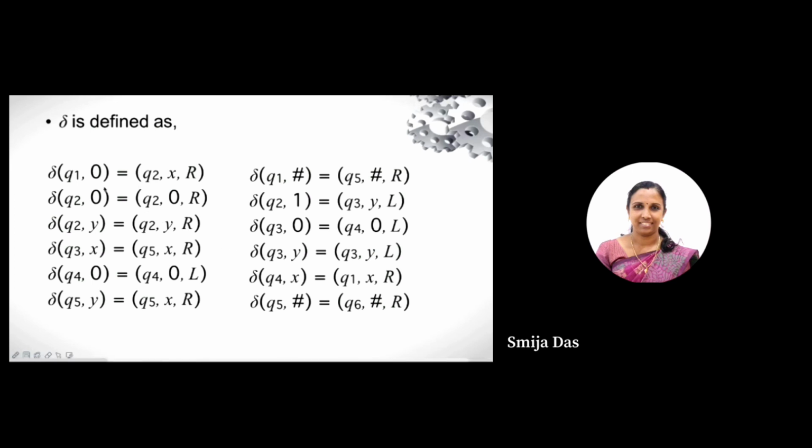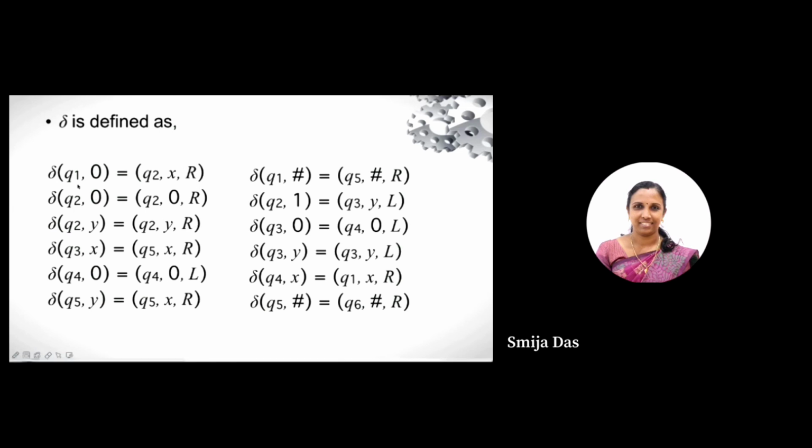So from the state Q1, on accepting the input symbol 0, it will go to the next state Q2, and the input symbol 0 is replaced with the new tape symbol X and the read-write head will move towards right.